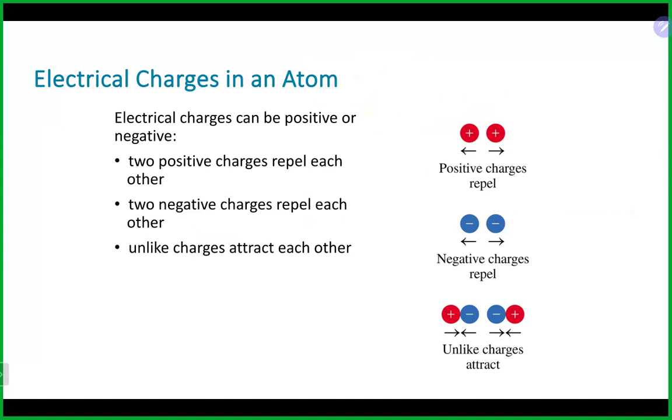Same thing as well, if we have two negative charges, they also will try to escape. But if we have opposite charges, they will definitely attract to each other. That is actually a super strong attractive force when you have a positive and negative thing attracted to each other. As we'll talk about when we talk about bonding, that is the basis of what is known as an ionic bond.